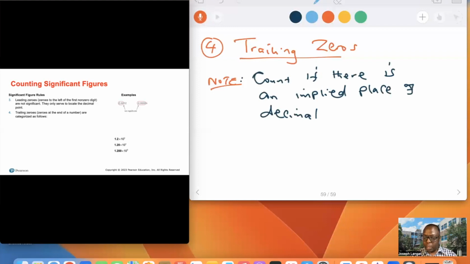Otherwise, without an implied place of decimal, they do not count. So you gotta be careful with the zero.